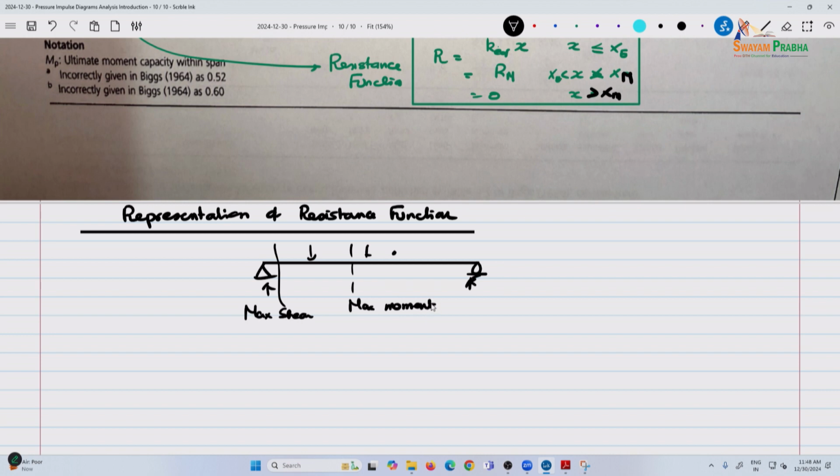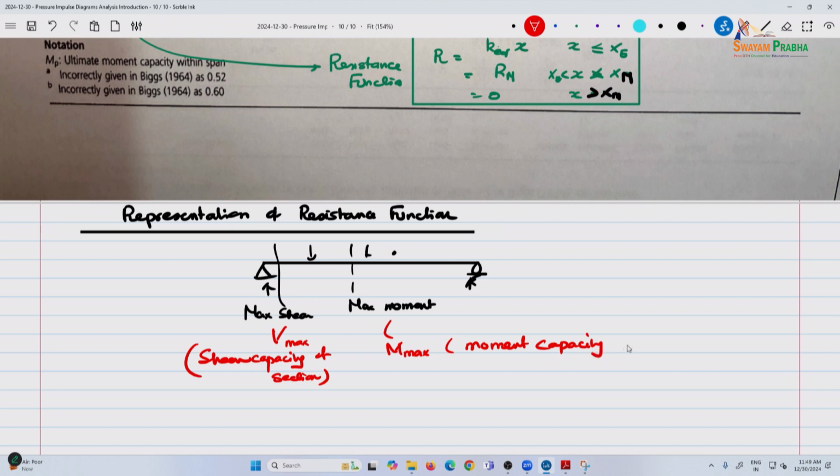The max shear, let us say this is V max, is the capacity, not the applied load, the shear capacity of the section. The moment capacity of the section, let us say, is M max. Again, it is not the applied max moment, but the capacity of the section.